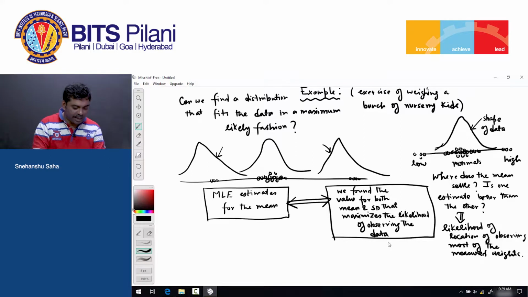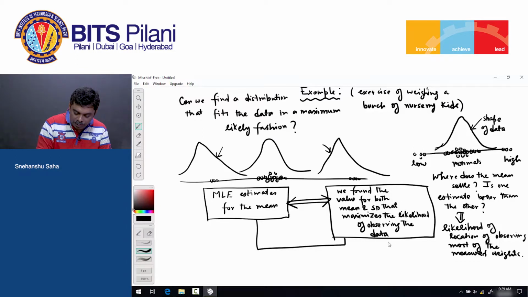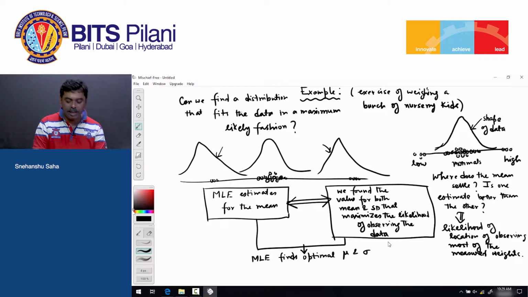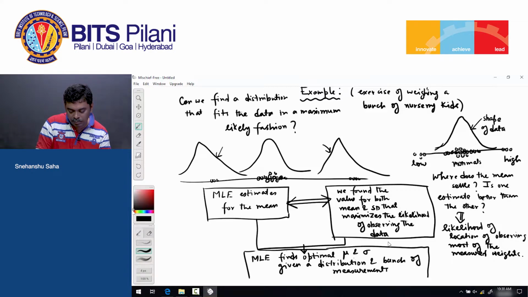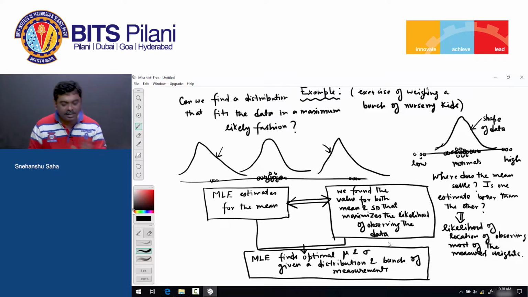So these two are equivalent, and you combine these two, and what you obtain is, the process of MLE is nothing but finding the optimal mu and sigma for a distribution given a bunch of measurements, okay. So roughly this is the framework of maximum likelihood estimation, okay.